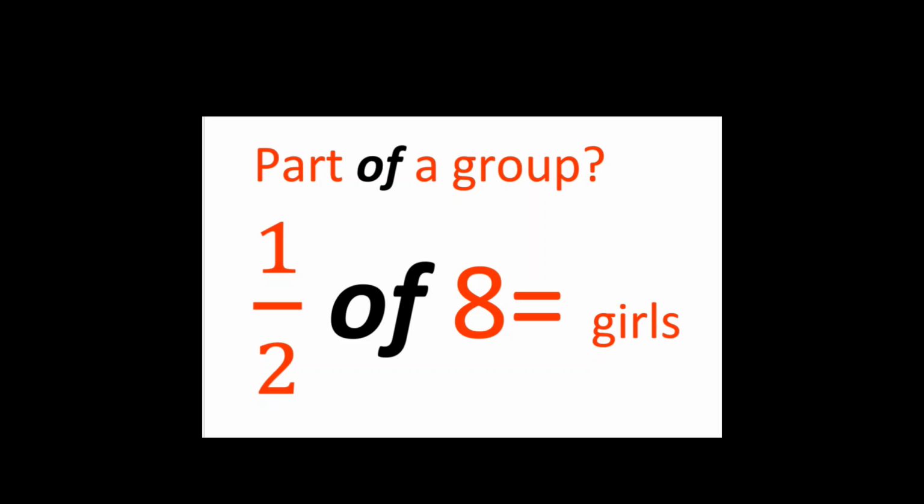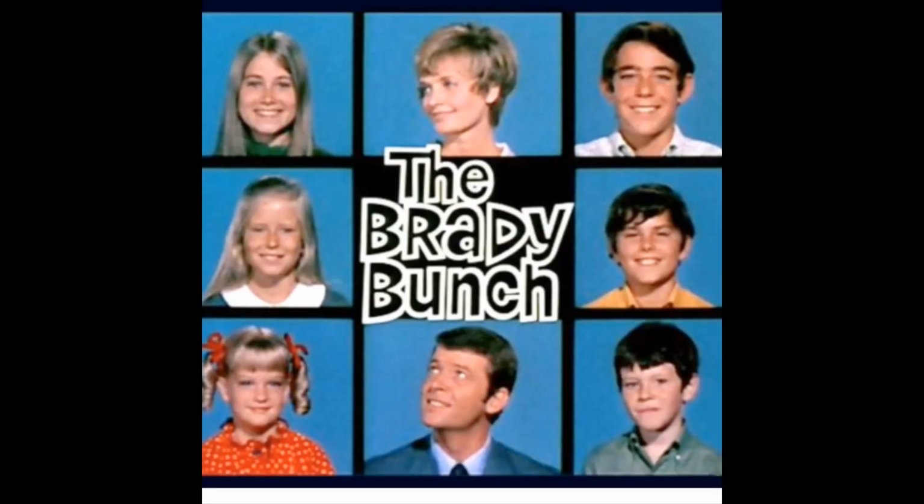So if a half of a group of 8 are girls, how many girls would you have? If you have a group of people and it looks like this, it's easy for you to know how many are girls. But what if you don't have a picture looking like this? You have to do the algorithm.